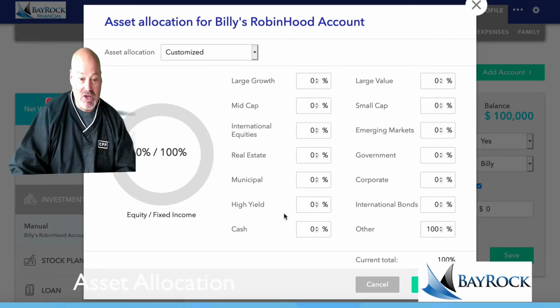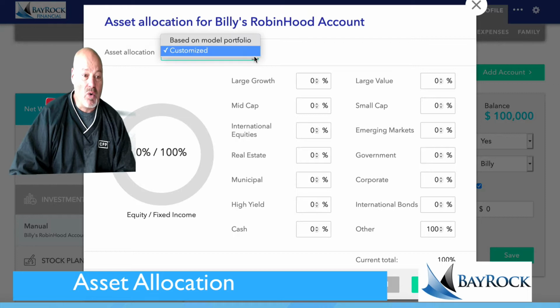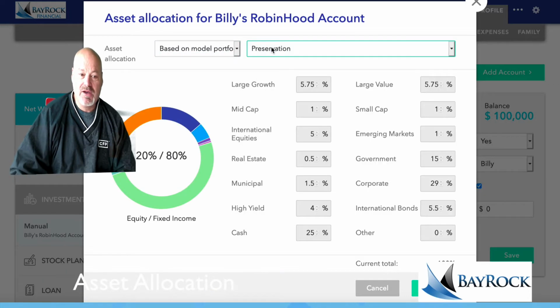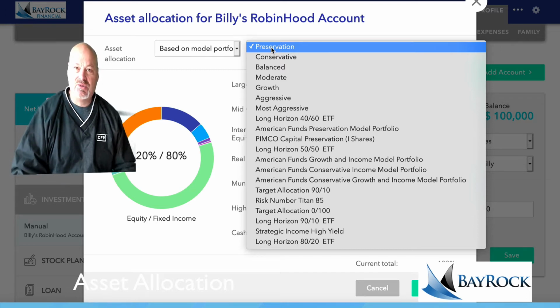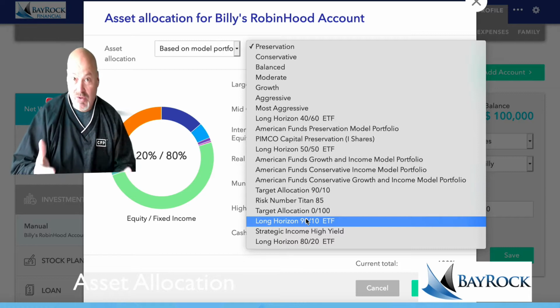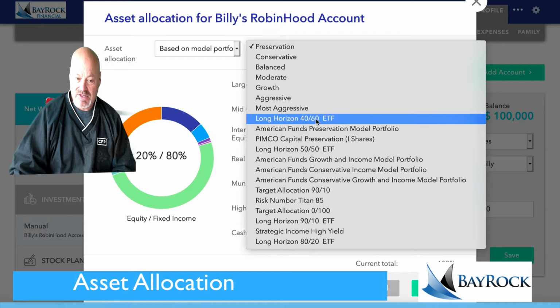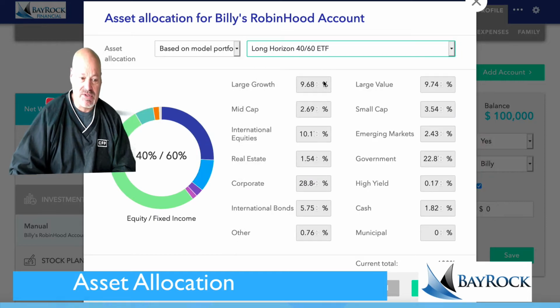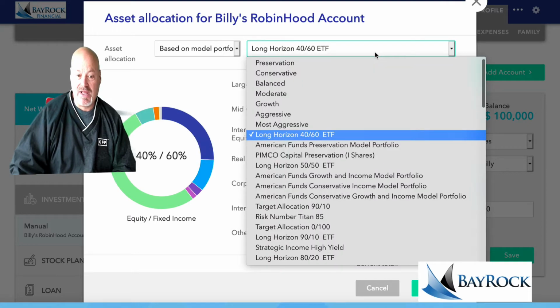In Billy's case, we could customize it and go into each of these major asset classes and indicate what percentage we want to have. Or we can use one of the portfolios that I've pre-built into the financial planning software. So I would encourage you to take a few minutes in your plan and just play around with these different strategies and take a look at what happens to the asset allocation when you select a different one.